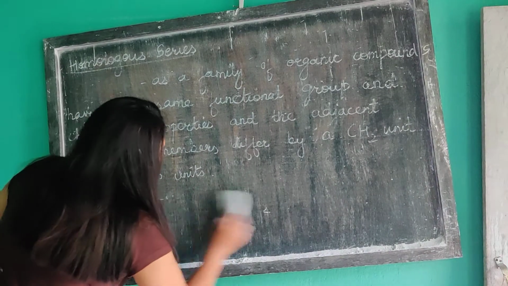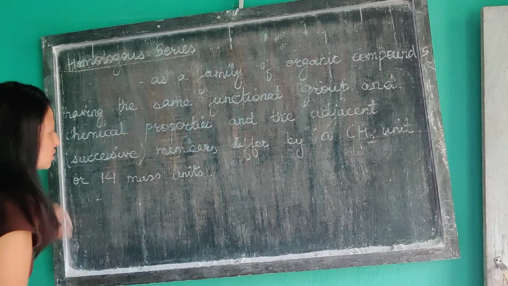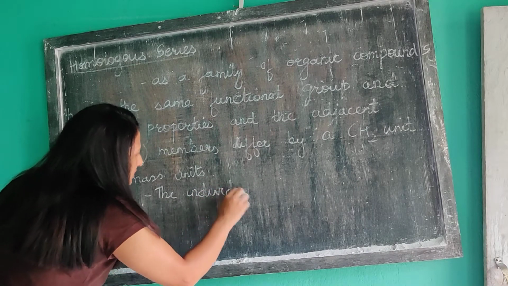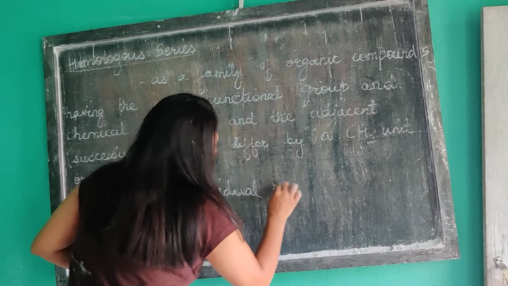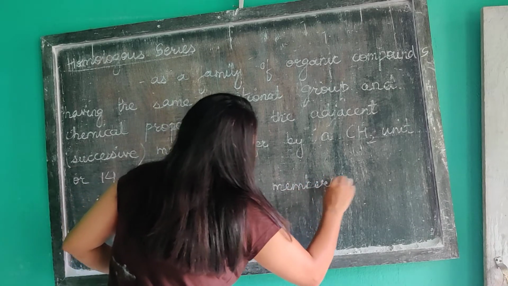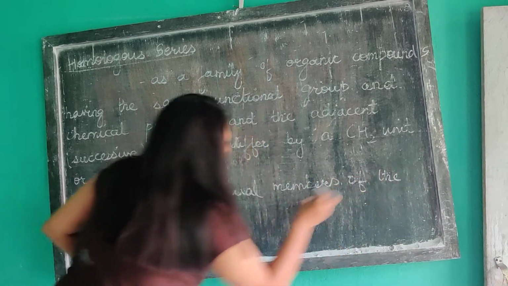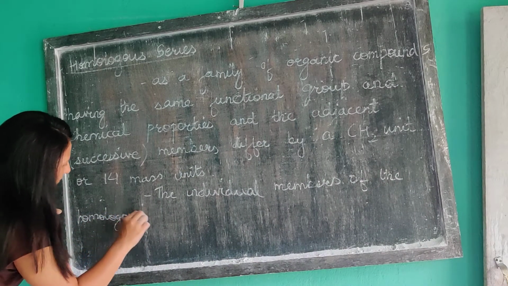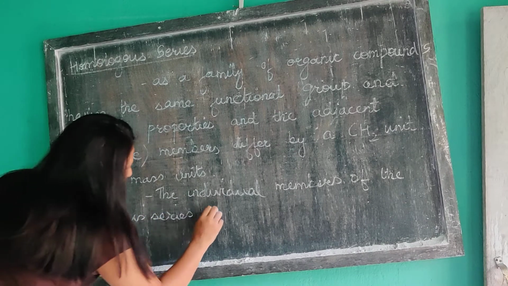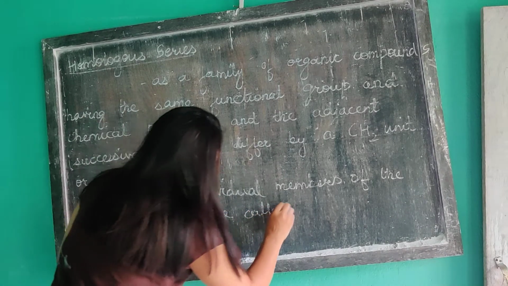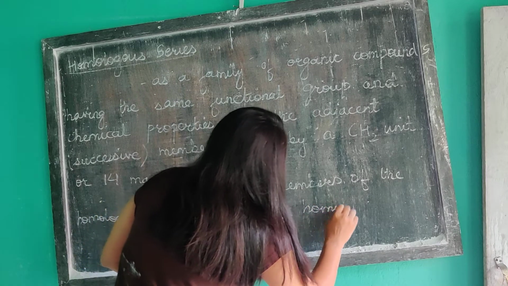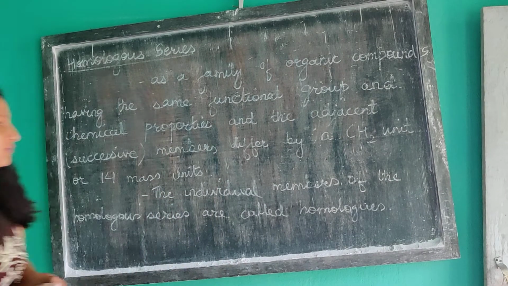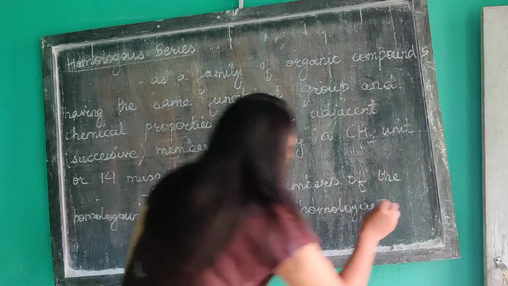The individual members of the homologous series are called homologues, and the phenomenon is called homology.